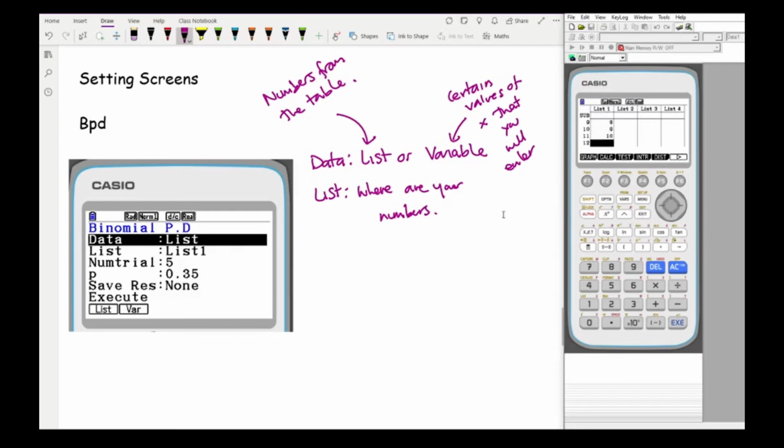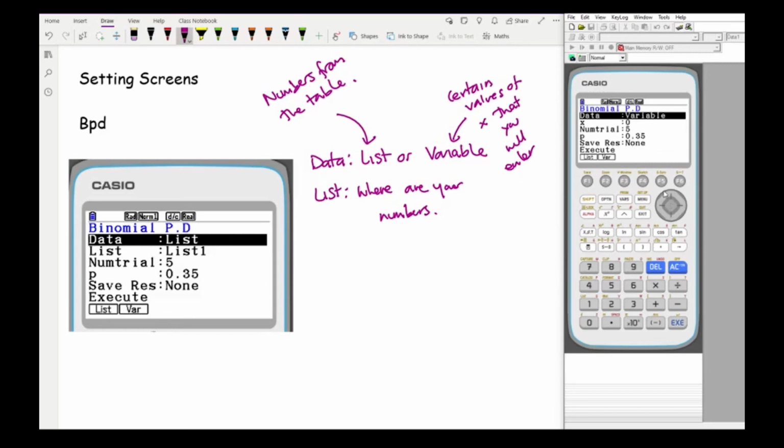And if you want to enter those values in, if I go back to that mode and scroll down, it'll give me the option of entering which column my numbers are in. Again, you could have multiple columns and multiple lists, but I'll keep it simple. And if I wanted variable, that option disappears.